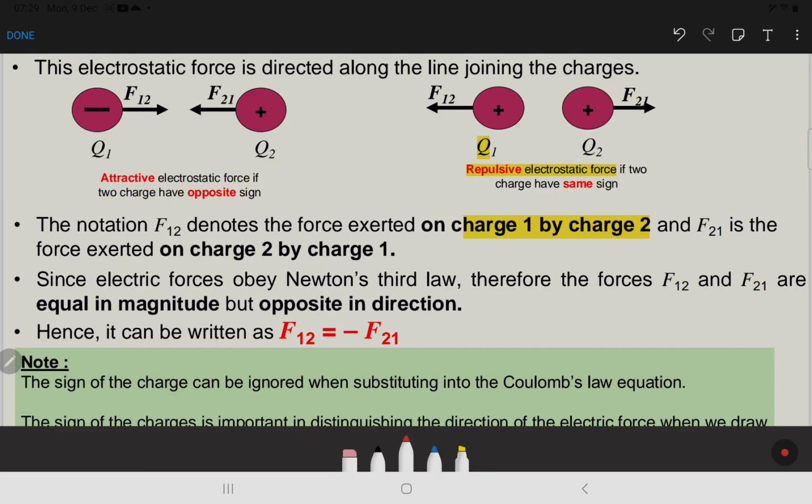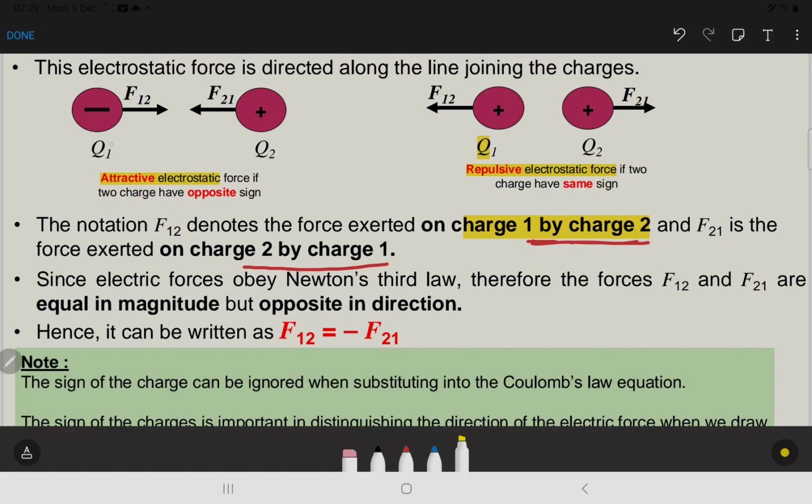Whatever you are going to calculate, we put it in front. So on charge 1 by charge 2, and this one will be the other way around, 2 by 1. This one is the same charge, repulsive, and this one is opposite, so you will have attraction.